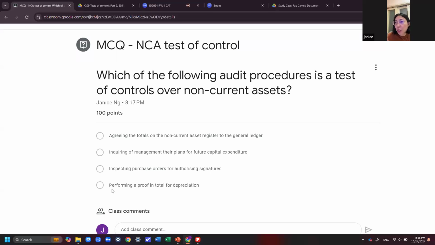Performing a proof in total for depreciation. Which one among these four is a test of control? What do you guys think?